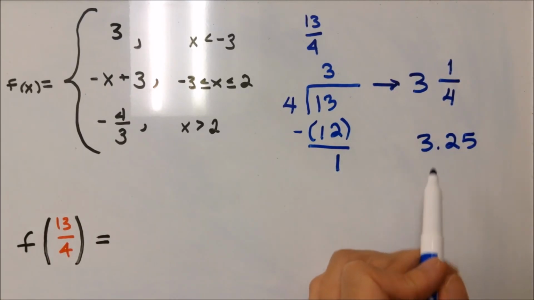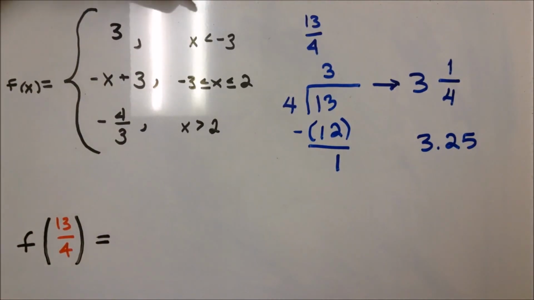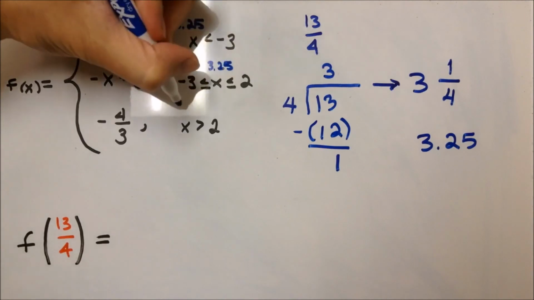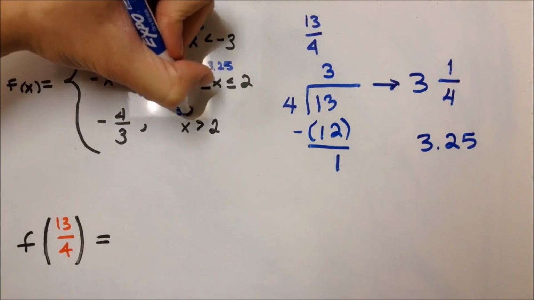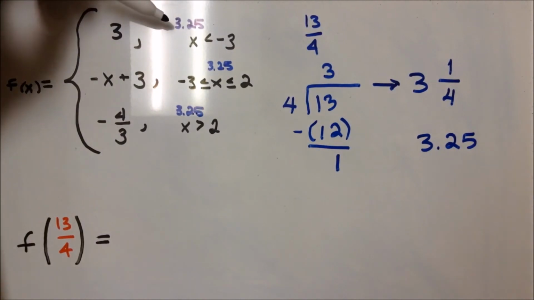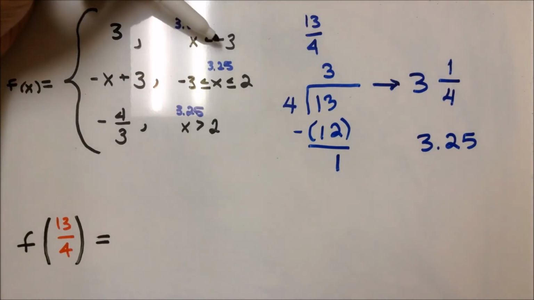So now we can actually use 3.25 in here. So I'm going to just write it in place of x. 3.25, 3.25, and 3.25. Now it's positive 3.25. So is 3.25 less than -3?